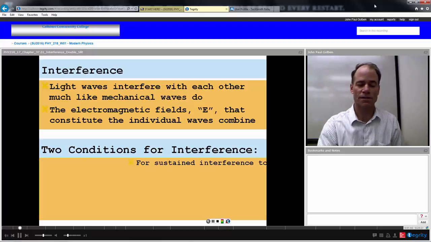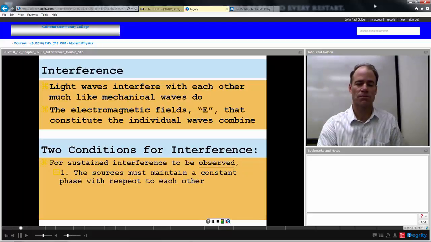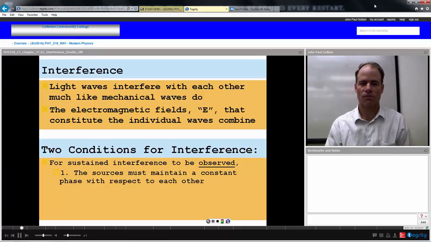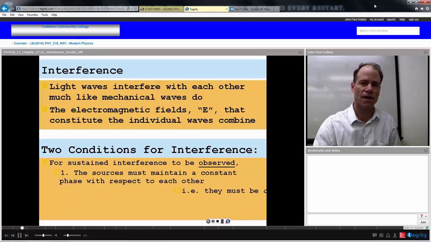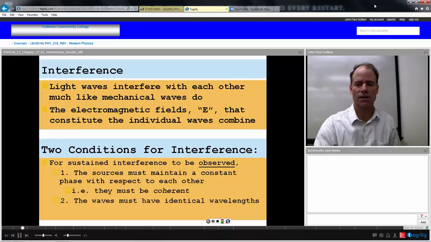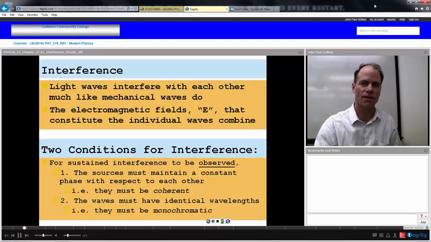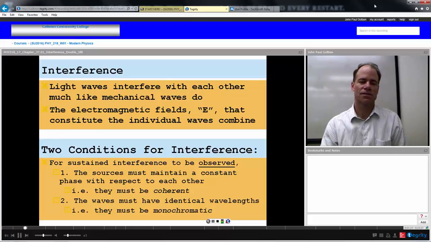And that is that the waves must be totally in phase with each other. And for that to be in phase, we say that they are coherent. And they also must have the same wavelength. For that to be true, we say that they are monochromatic. So our two interfering waves must be coherent in phase and monochromatic, have the same wavelength.